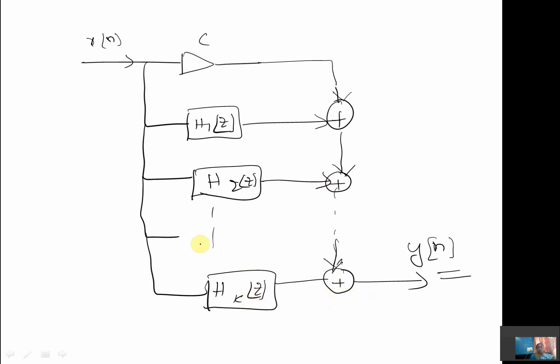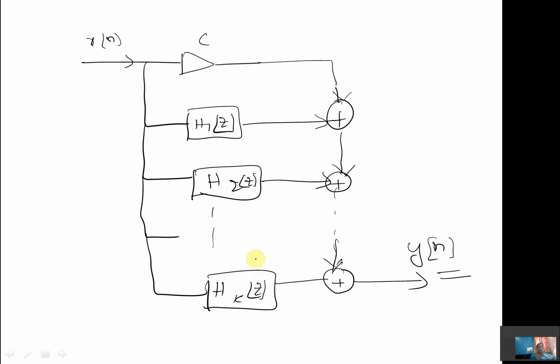Okay, so remember, parallel form means we have to use the partial fraction expansion method. Firstly, do the division until the numerator polynomial order is less than the denominator polynomial order. After dividing, then do the partial fraction.